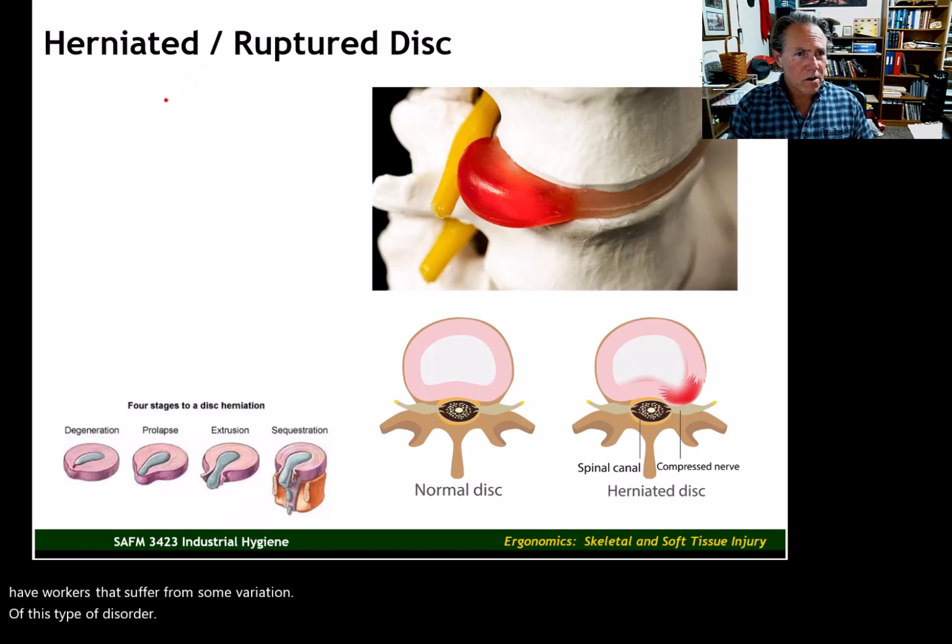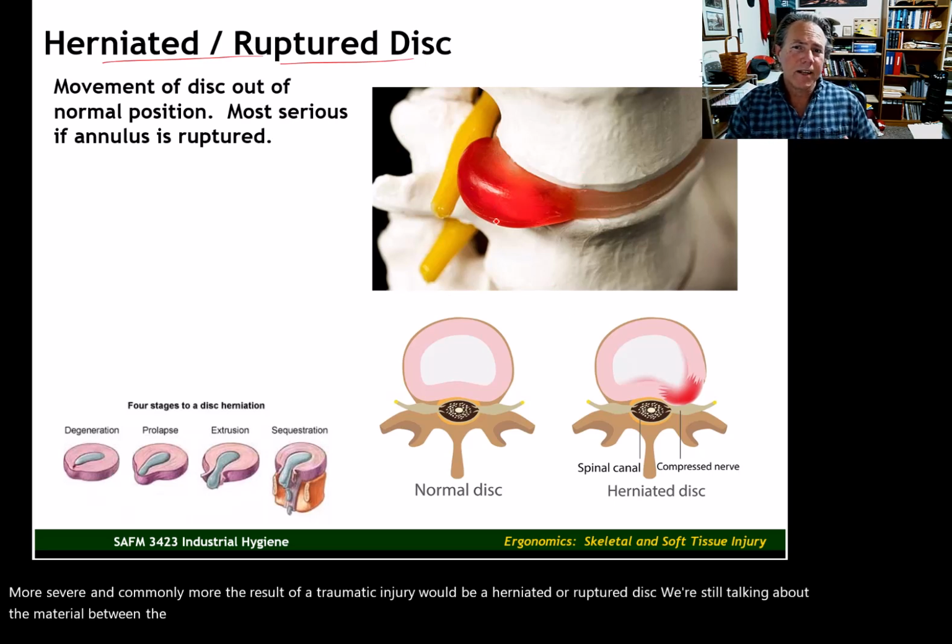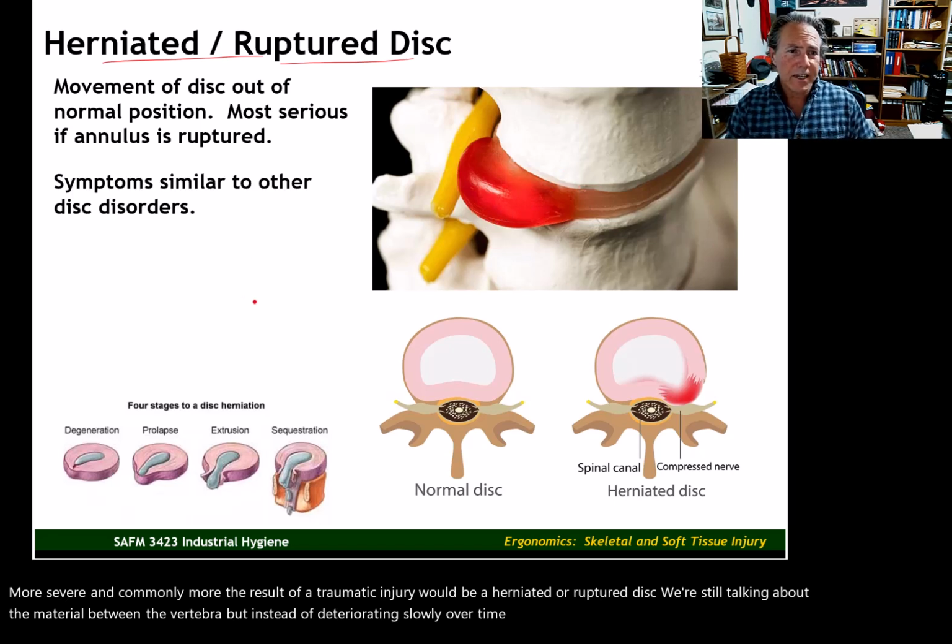More severe and commonly more the result of a traumatic injury would be a herniated or ruptured disc. We're still talking about the material between the vertebra, but instead of deteriorating slowly over time, it ruptures. It is injured. It slips out of position perhaps.